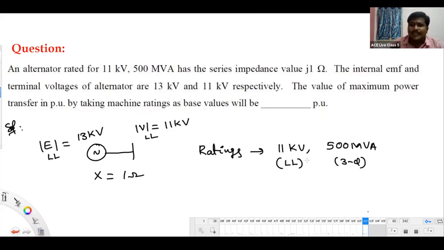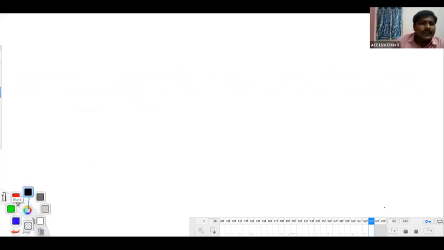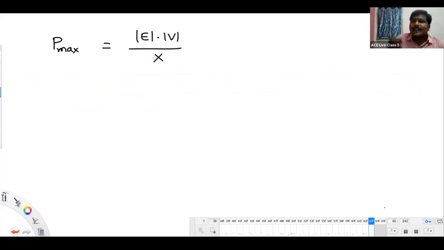Generally, if you have simply reactance, maximum power transfer will be, just look at this formula, mod E into mod V by X. X means generator reactance we have to consider. What is this P maximum value? Is it three phase or per phase? We didn't discuss it till now.